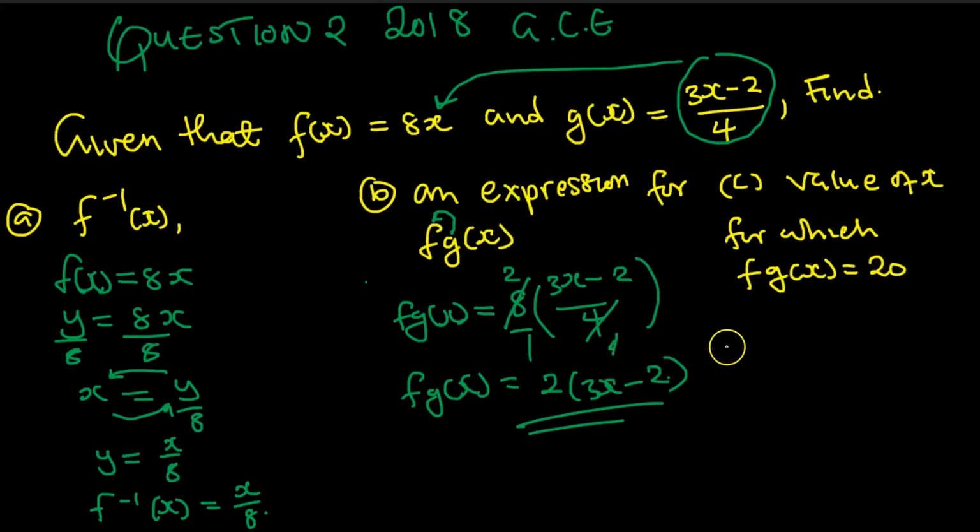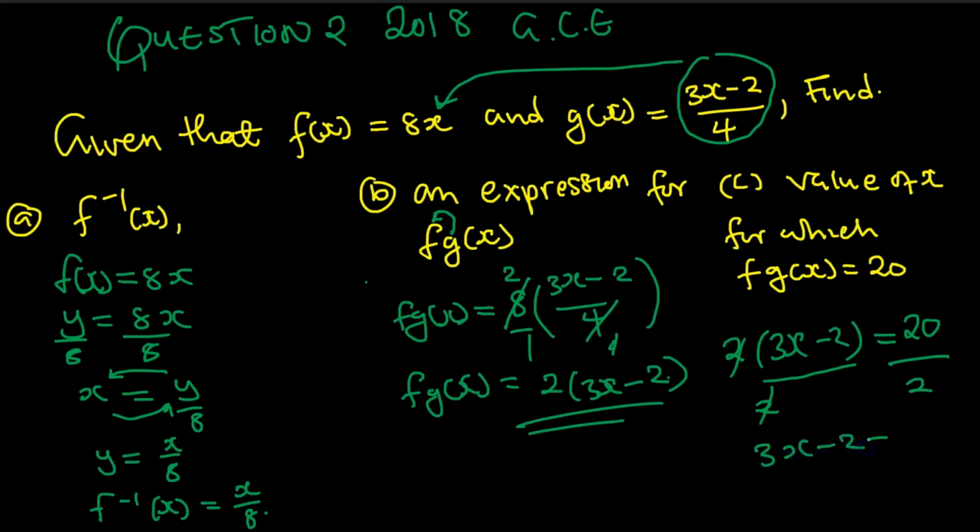So what is the function that we found? 2(3x minus 2). We equate this one to 20. Okay, so what are we going to do? We divide this side 2, we divide the other side 2 to get rid of these 2. So this one becomes 3x minus 2 is equal to 10. Okay, this side remains 10.